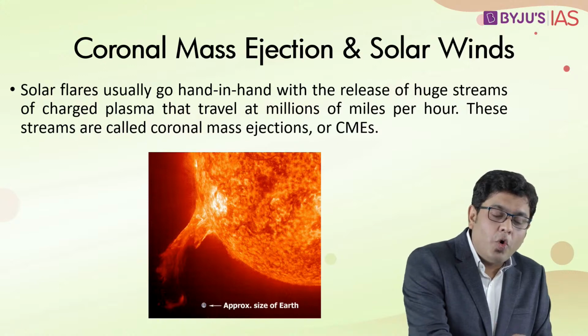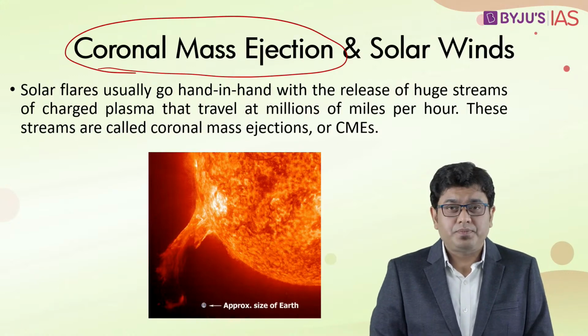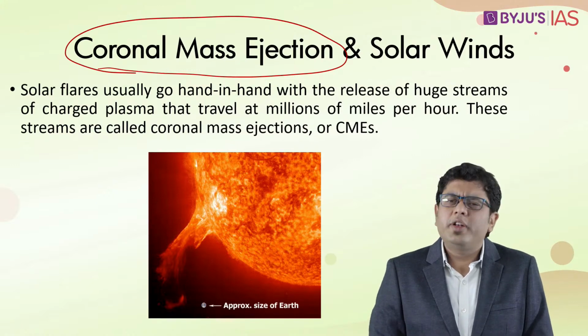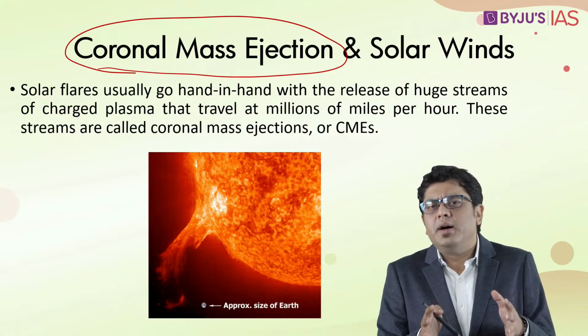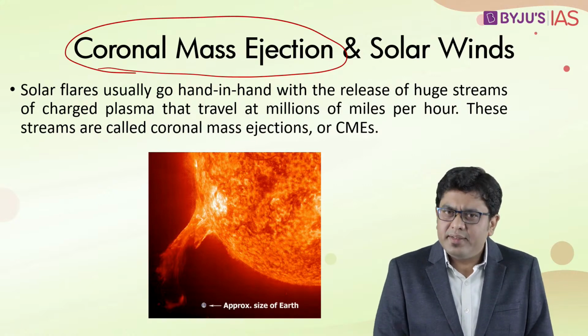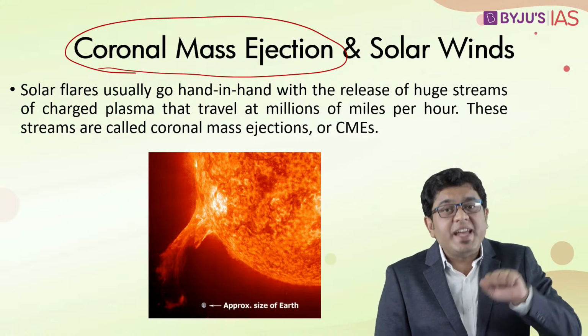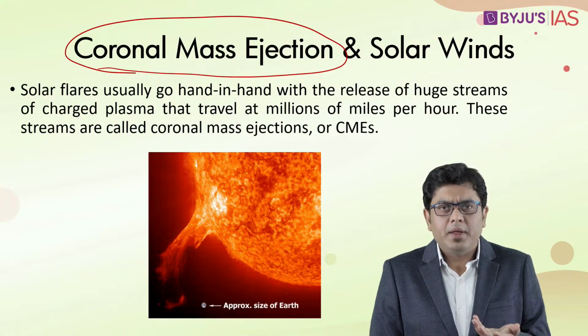And that is what is referred to as coronal mass ejection, or CME. Now, what is coronal mass ejection? The term in itself tells us what it means: some mass is being ejected from the corona, or the outer part of the sun.